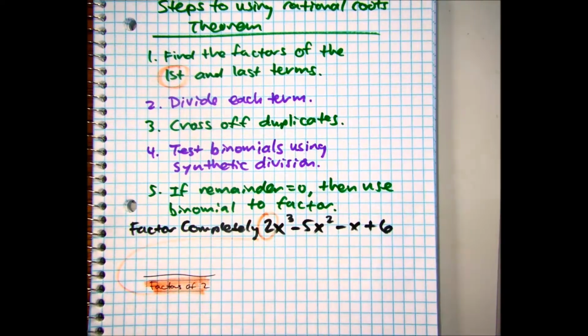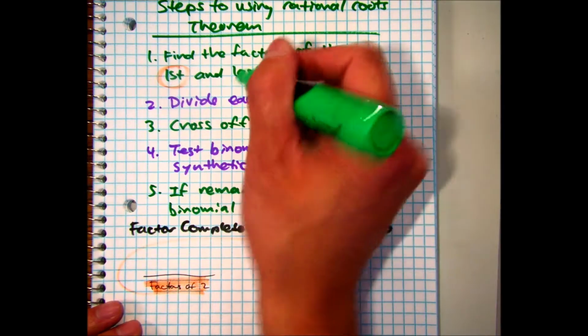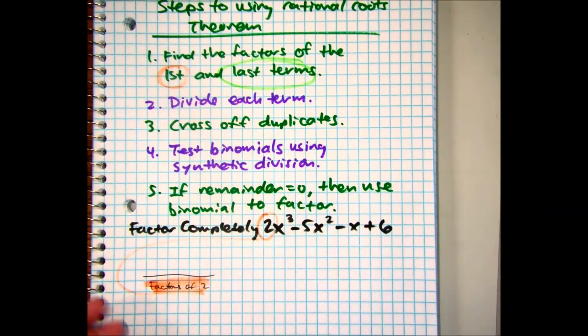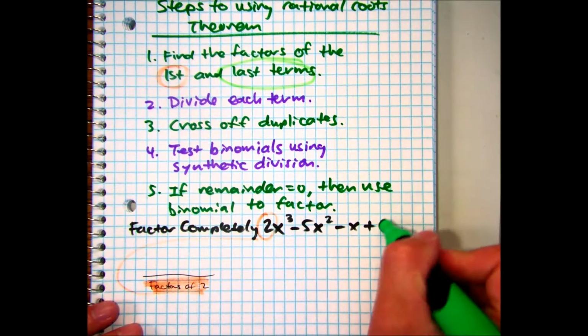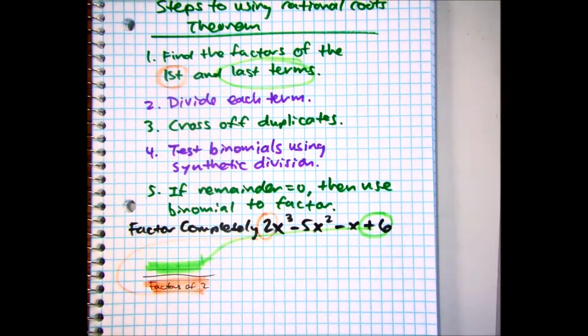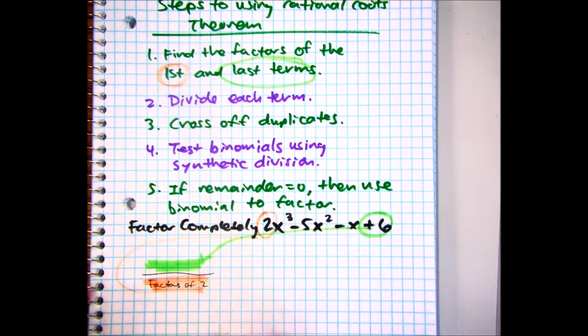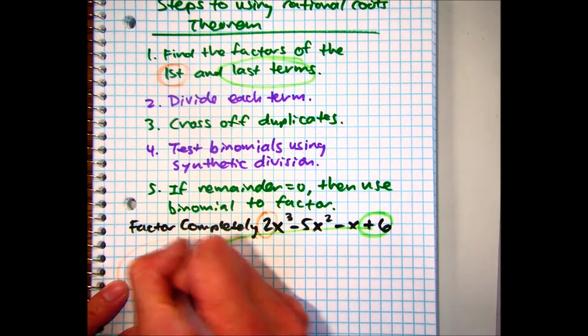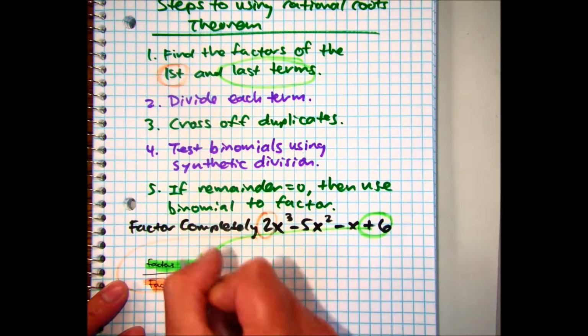And then the second thing I'm going to do is the last term. It must go in this order. So factors of 6.